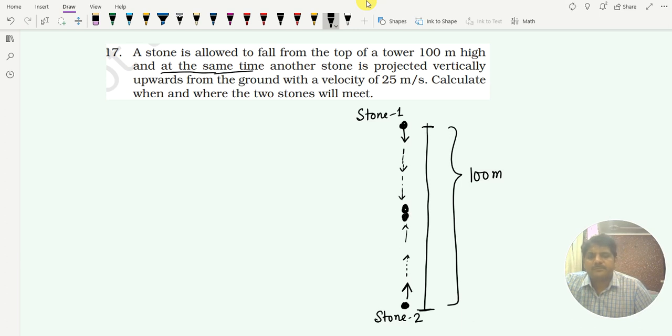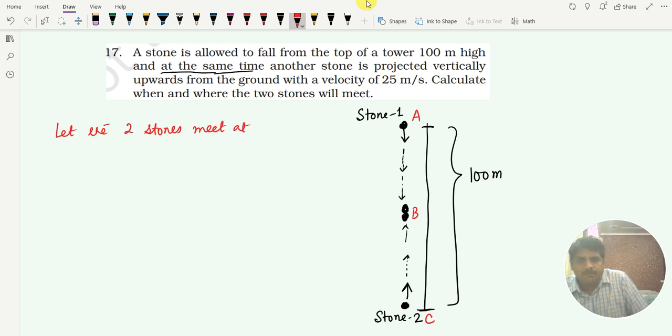Suppose they are meeting here. So let us mark this as A, B and C. Let the two stones meet at point B. If we take AB as X meter, what about BC? BC would be equal to 100 minus X meter.